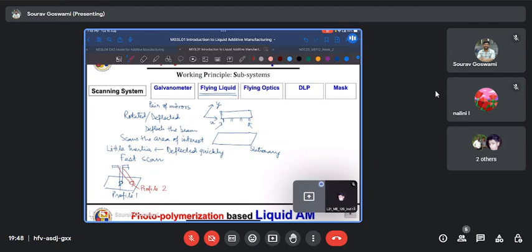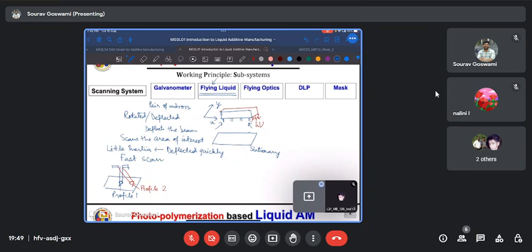Of course, this is also accompanied by a curing mechanism. So, say behind this or to the side, there is another mechanism to actually cure the deposited resin material almost simultaneously. And as the liquid itself is moving, it is referred to as a flying liquid method.